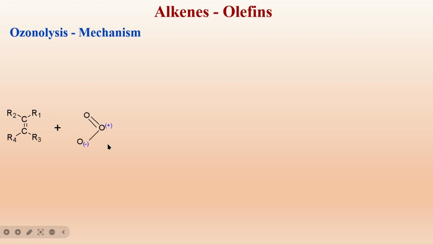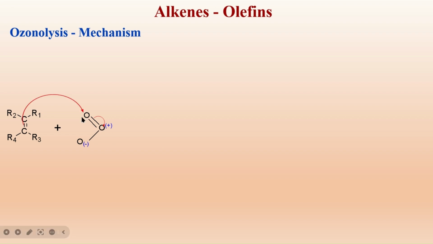To satisfy the central oxygen's positivity, the pi electrons move onto the oxygen. Once these pi electrons move onto the oxygen to satisfy the electron deficiency, the oxygen has fewer electrons, creating a positive center on this oxygen.